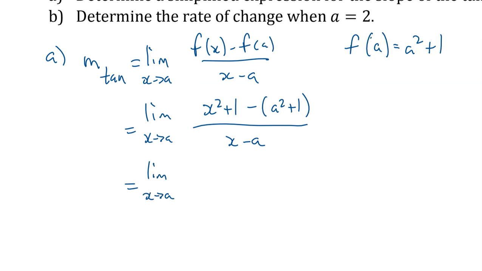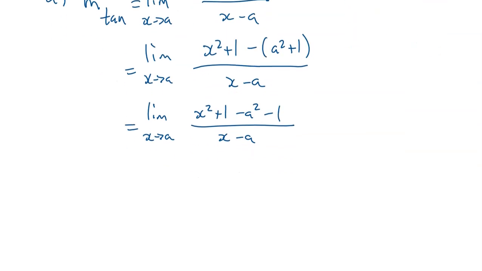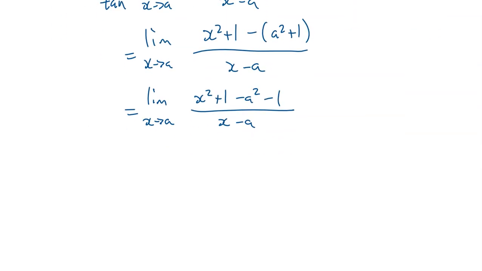Okay, I'm going to continue. X squared plus 1 minus a squared minus 1. So all I'm doing is simplifying. I distributed the negative. The ones are gone.